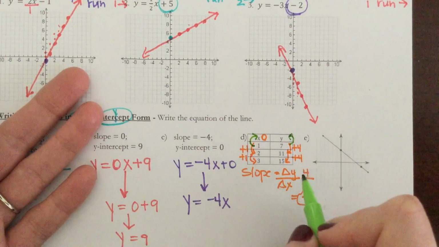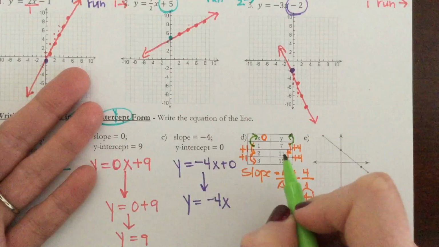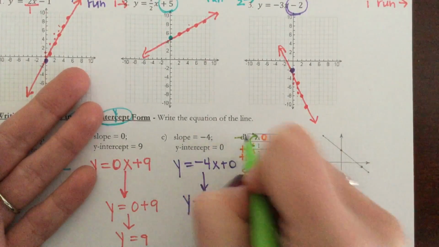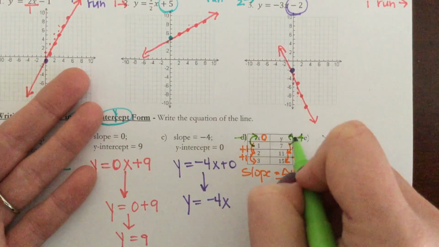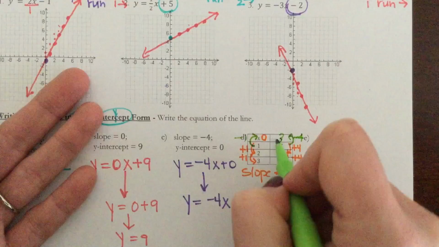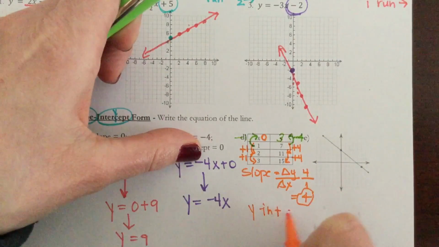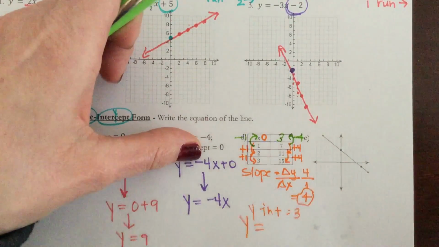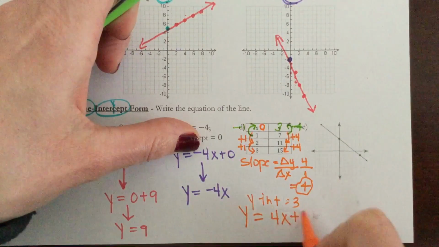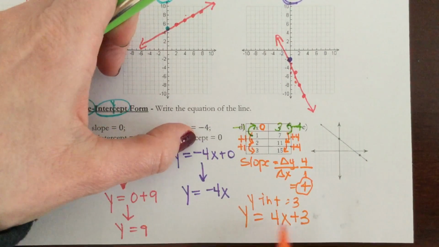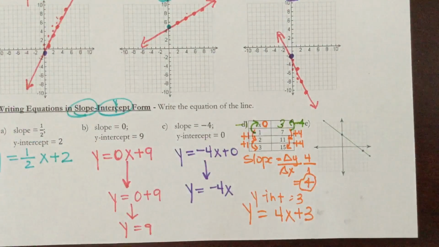If I'm adding 4 going forwards, I am going to subtract 4 going backwards. So 7 minus 4 gives me a y-intercept of 3. And my equation would say y equals 4x plus 3. My slope times x plus my y-intercept.